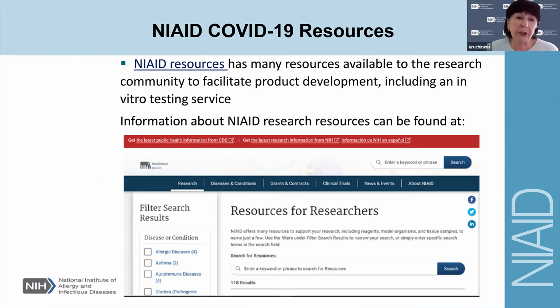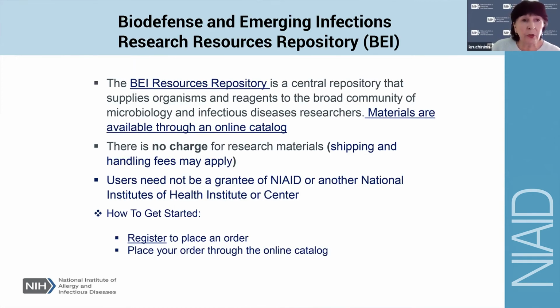Within NIAID, we have many resources available to the research community. Please check this site, and you can also see the site Biodefense and Emerging Infections Research Resources Repository. The good part is that if you look at the catalog, there is no charge for the research materials.